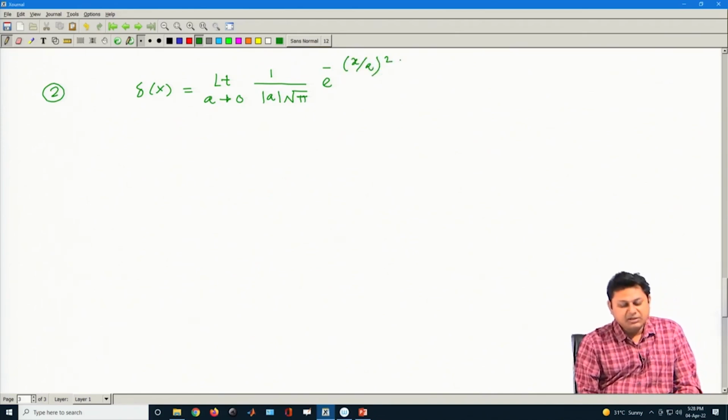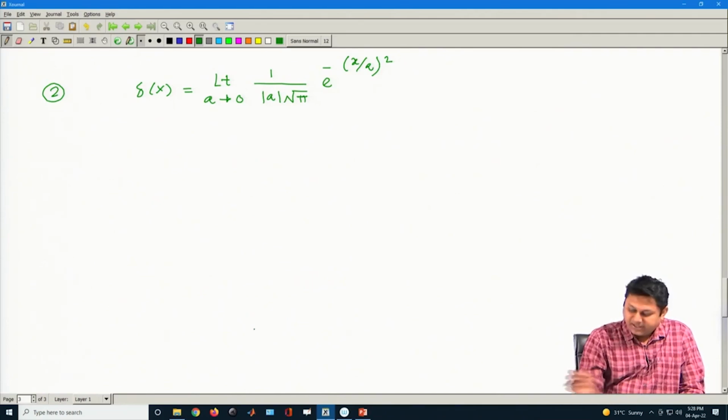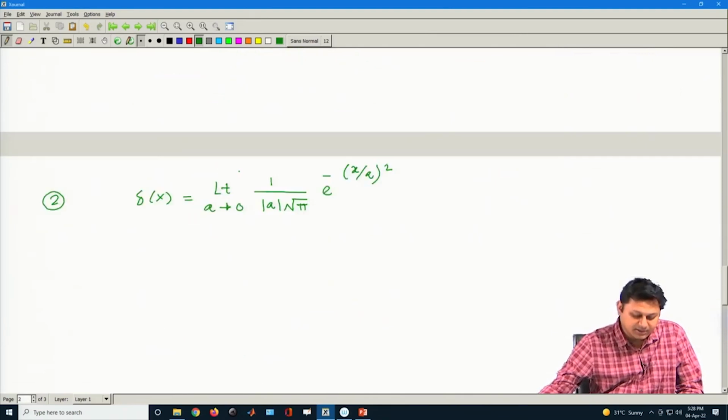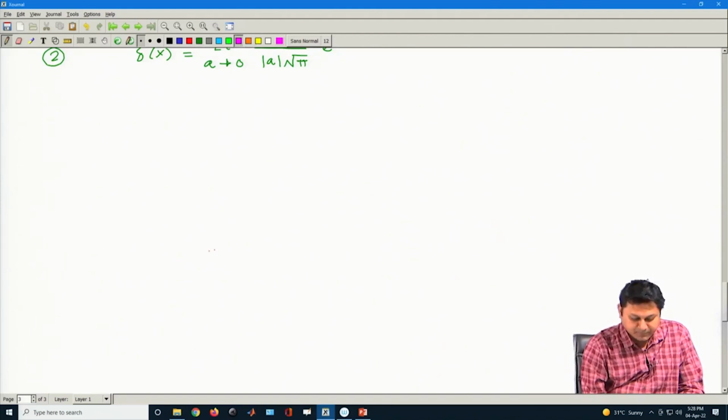This is typically a Gaussian function having a width of mod of a. Again, if I plot this, it looks very similar to whatever is drawn here. When we make the limit a tends to 0, the evolution of the function will be something like this.